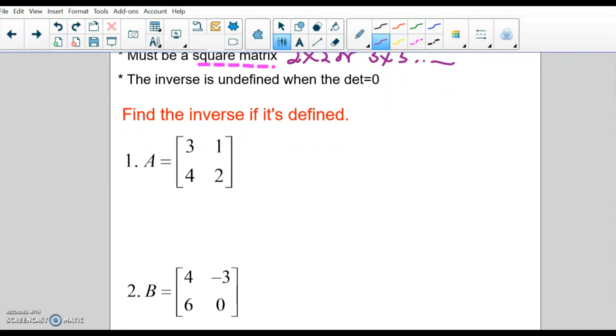So let's get in there and see what happens. It says find the inverse if it is defined. The first thing we need to do is decide if it's defined. So we find its determinant.